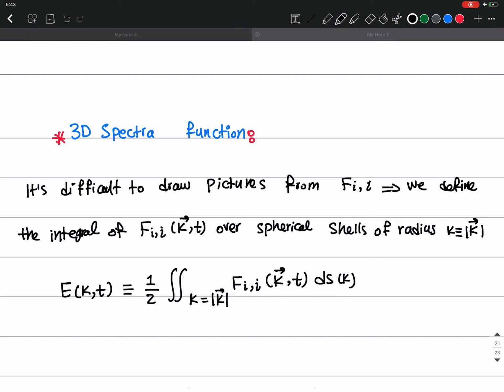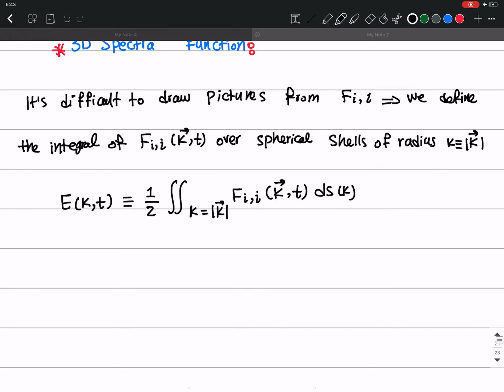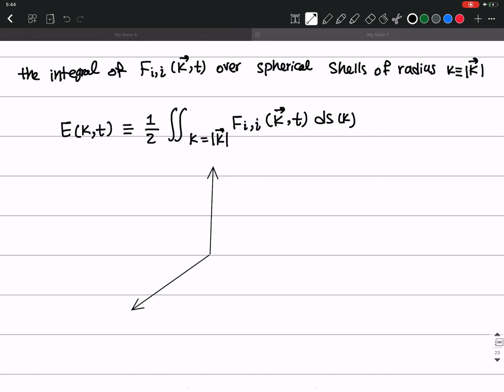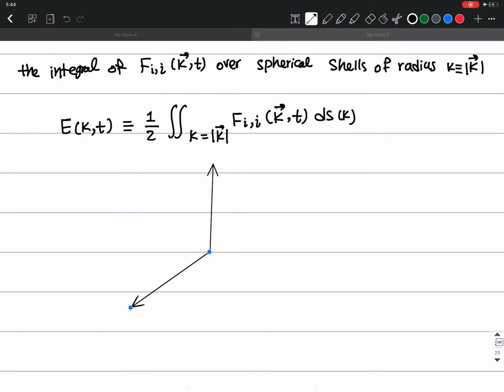What it actually means is that we have these three-dimensional wave numbers in three dimensions, x, y, z. So let's say this is the first dimension, the second dimension, and the third one.